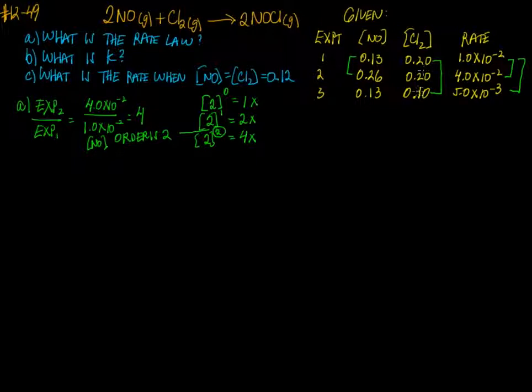The concentration doubles, 0.1 to 0.2 is a doubling. Goes up by 2 times, so we want to compare experiment 3 and experiment 1. Okay? So we want to take the ratio of those rates. So experiment 1 over experiment 3 is 1.0 times 10 to the minus 2 divided by 5.0 times 10 to the minus 3.